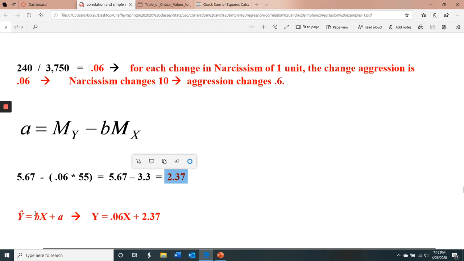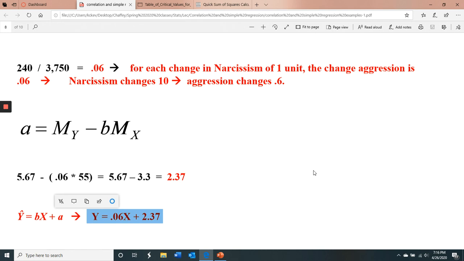And voila, we can plug in the numbers. So now our predicted value of the regression score, y, is the slope, 0.06, times somebody's score on narcissism, which is x, plus the y-intercept of 2.37.